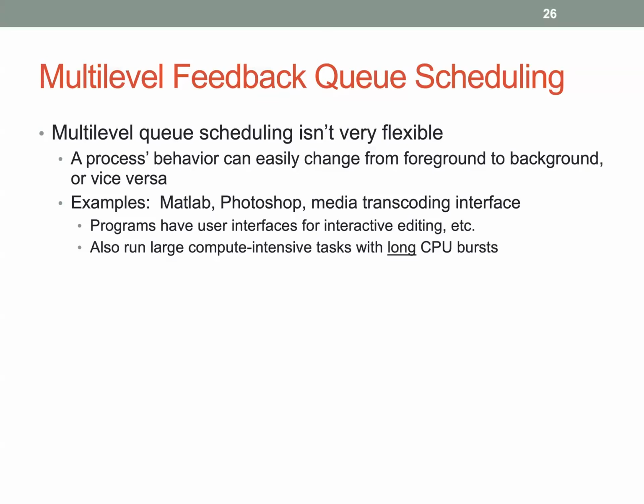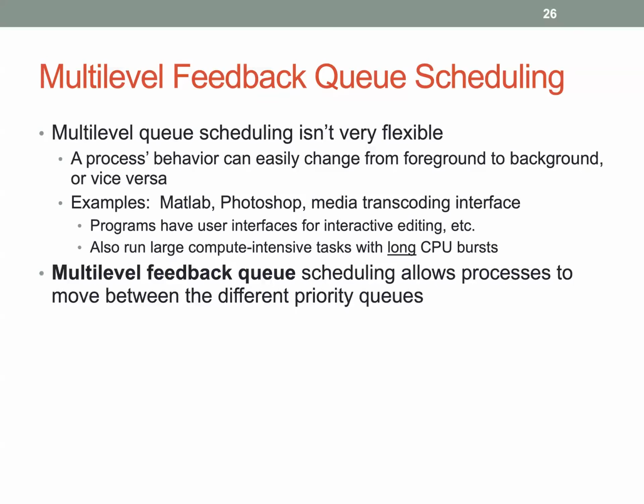And so now MATLAB switches into being a compute-intensive program where you have very large CPU bursts and short I/O bursts. Same thing with Photoshop or any other program where you interact with it to set it up, and then you tell it to go, and now it just is going to sit on the CPU as much as it can because it has a lot of computation to do. So this is very common.